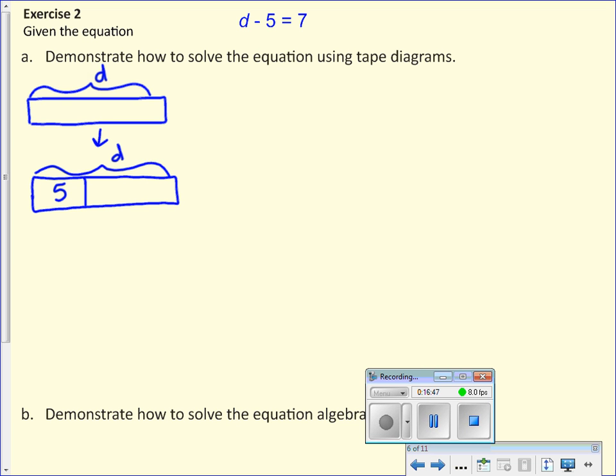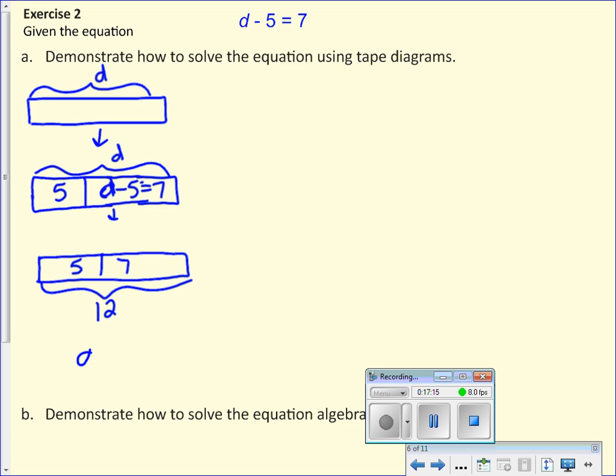So there's my whole D. I'm chopping off 5 here. So this side, D minus 5, what does D minus 5 equal? Right. D minus 5 equals 7. So that means 5, that's 7. So what's my total? 12. So D equals 12.